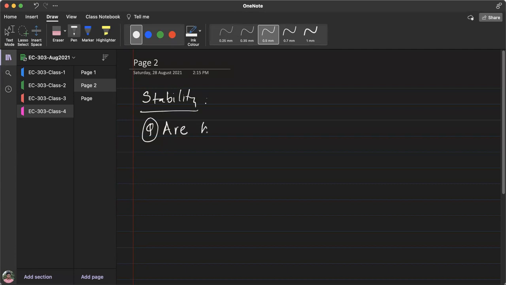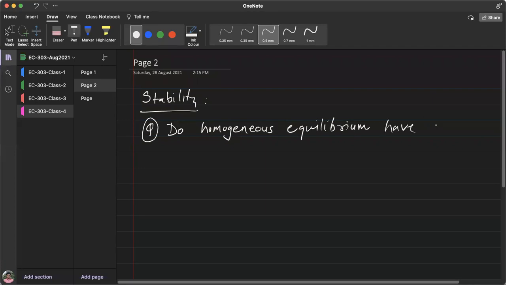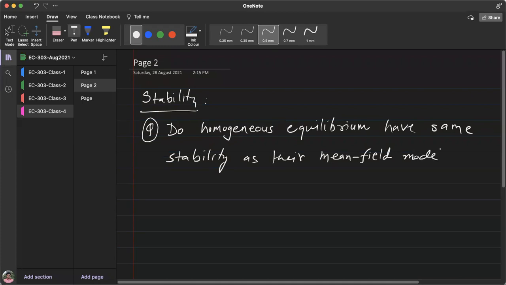Do all homogeneous equilibria as defined above have the same stability as their mean field model? So what exactly do I mean by that?